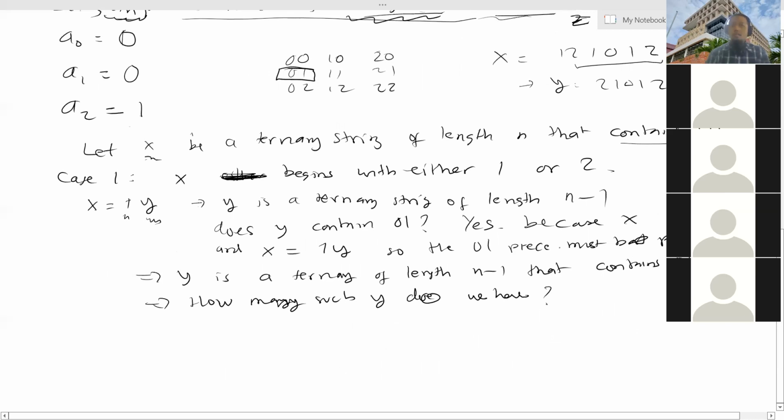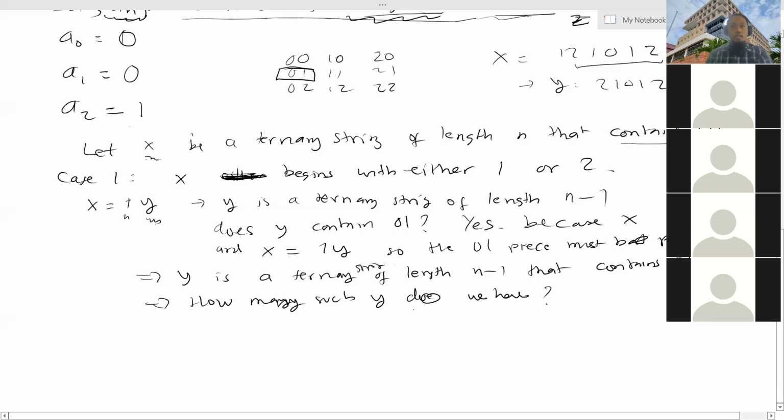Nobody knows about this? Let me give you a hint. If An is the number of ternary strings of length n that contains 01, then to count how many such y's, we are counting the number of ternary strings of length n minus 1 that contain 01.